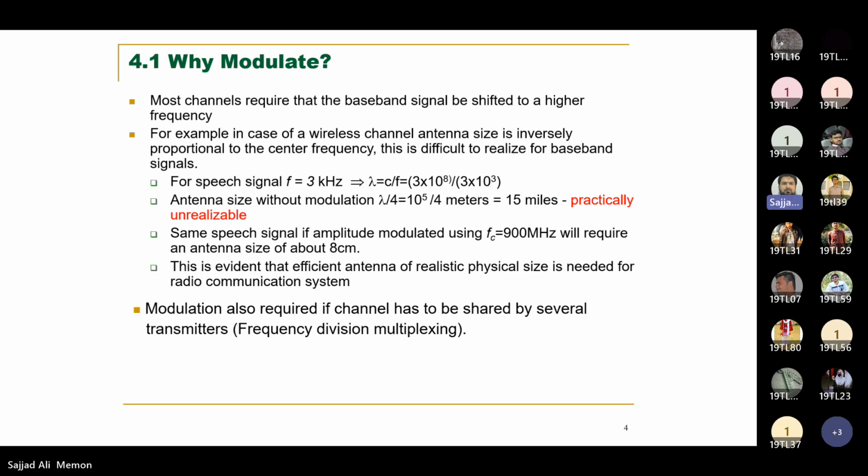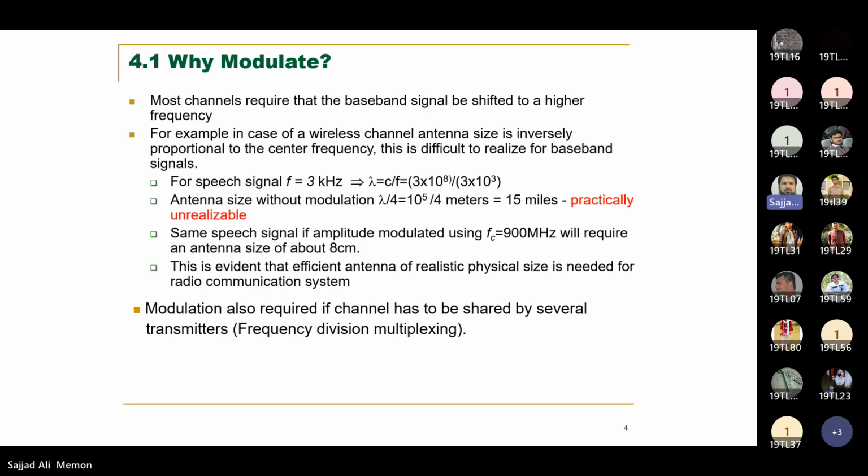That 15 miles is 15 times 1.6 kilometers, so that is like 24 kilometers. A 24-kilometer antenna is practically unrealizable. 24 kilometers means the distance from Hyderabad to Jamshoro, that would be the length of the antenna. That size of antenna is impractical to realize.